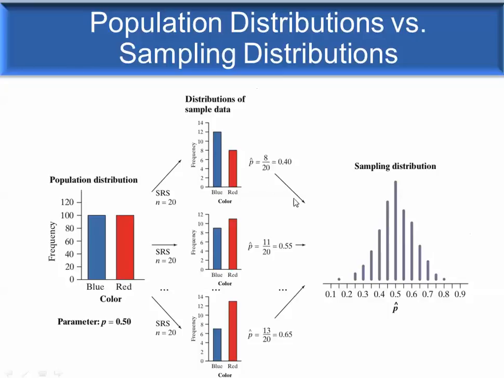And as we calculate the mean values of those, they've done some conversion from blue and red to numbers. We can see that the sampling distribution is approximately normal, and that's going to allow us to, in the future, draw some conclusions about the population.